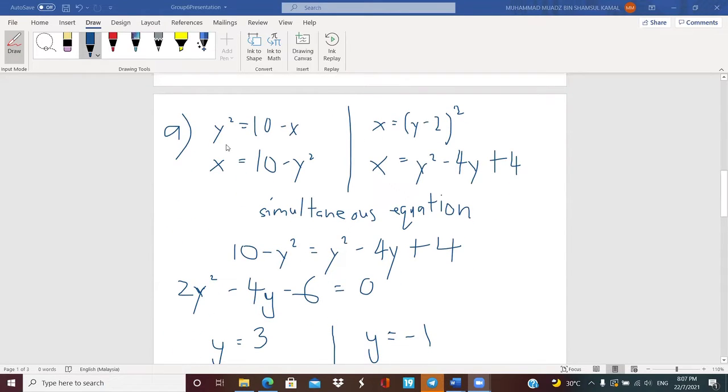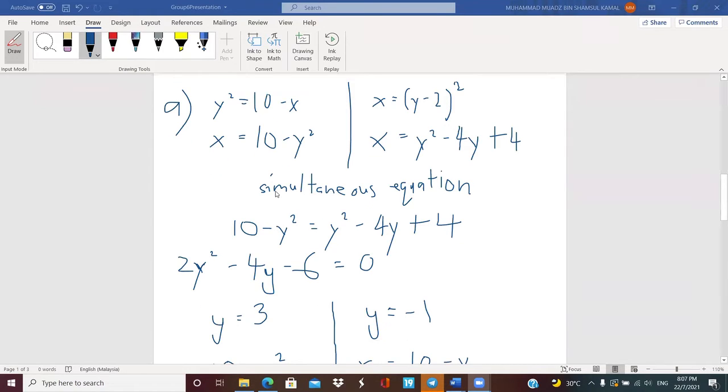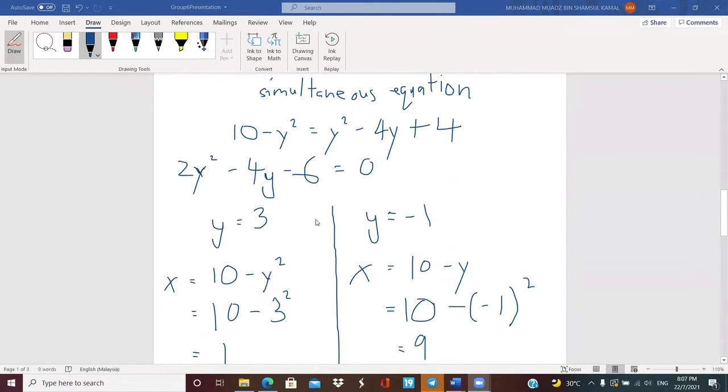The first equation we need to write as x in terms of y, and the second equation we need to expand. Then we do simultaneous equations, substitute both x, and rearrange all the terms into one side and equate it with 0. So we have two answers, y equals 3 and y equals -1.